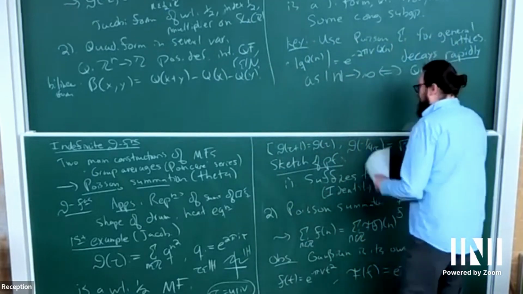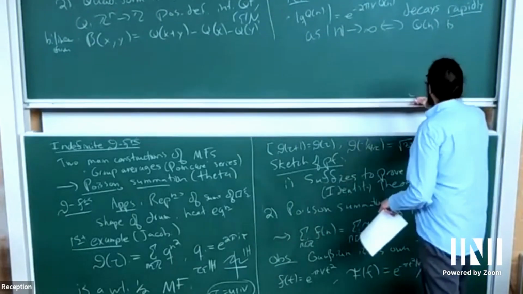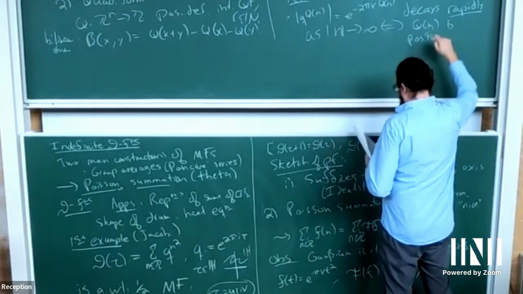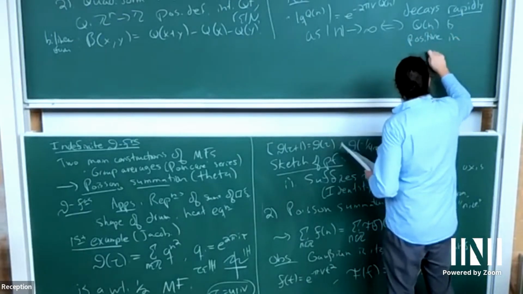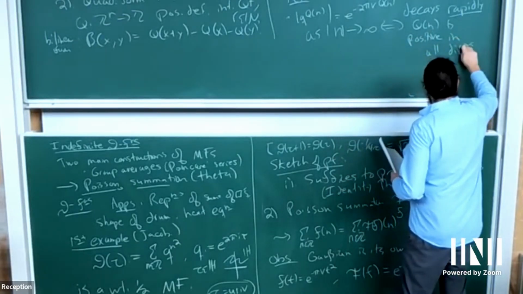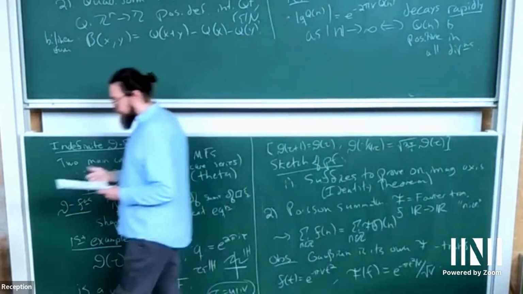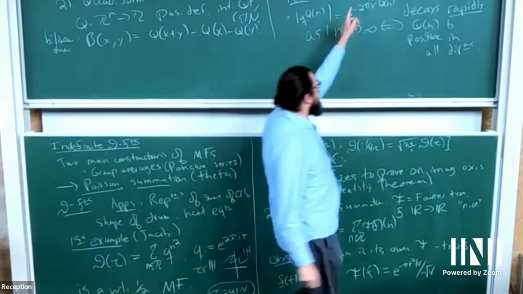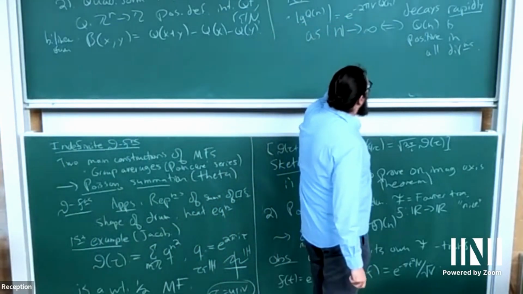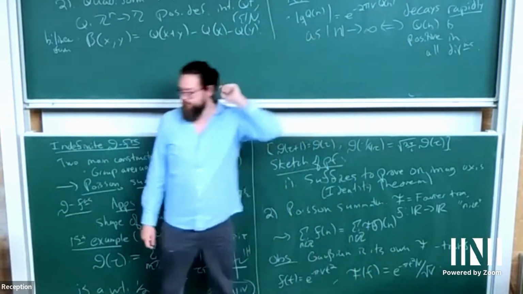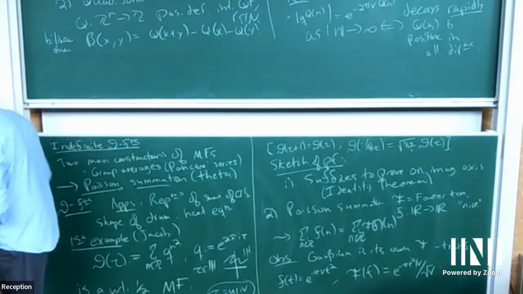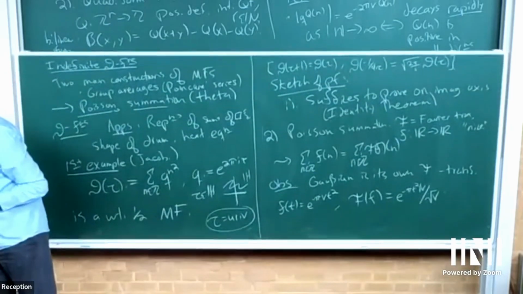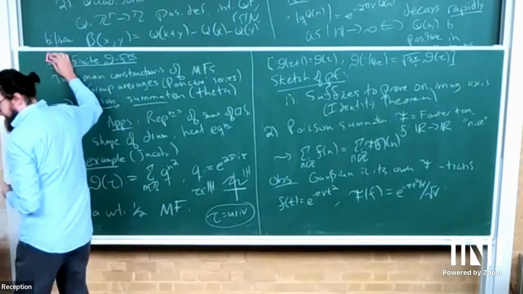You can think of it as n ranges over Z^r in all possible directions, q of n is positive. As soon as it's not positive definite, there'll be some direction you can head in where q of n and the powers of little q are becoming increasingly negative, and then you have a divergence problem. Although we will care about such examples, obviously, because that's the title of today: we will care about things that are not positive definite, namely indefinite.